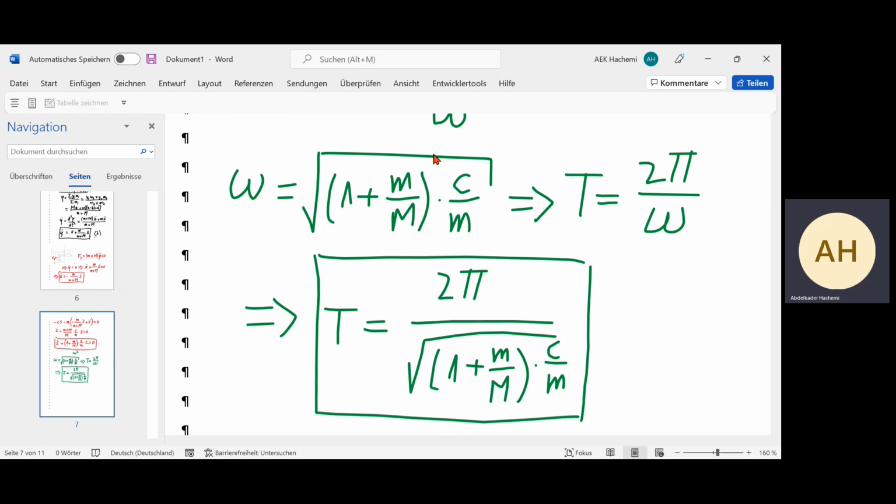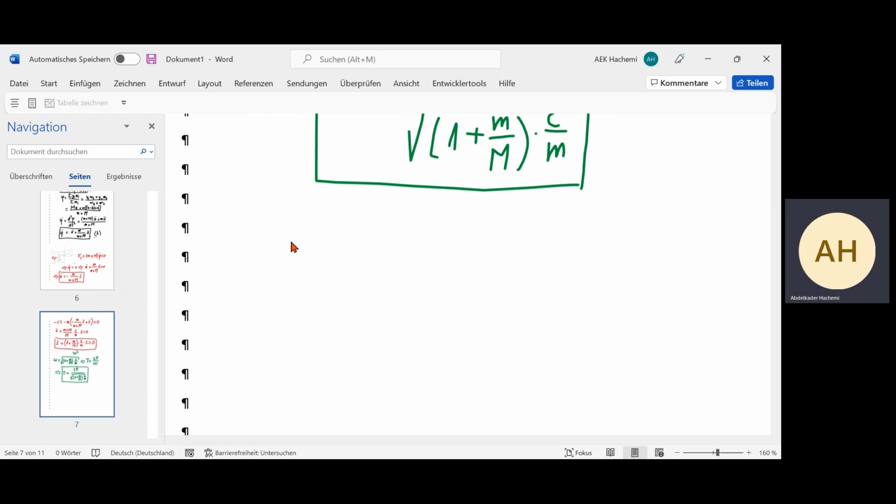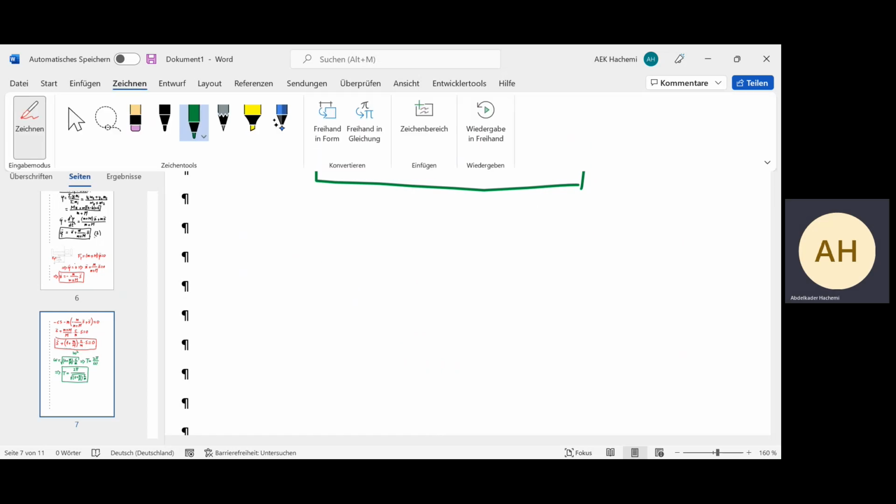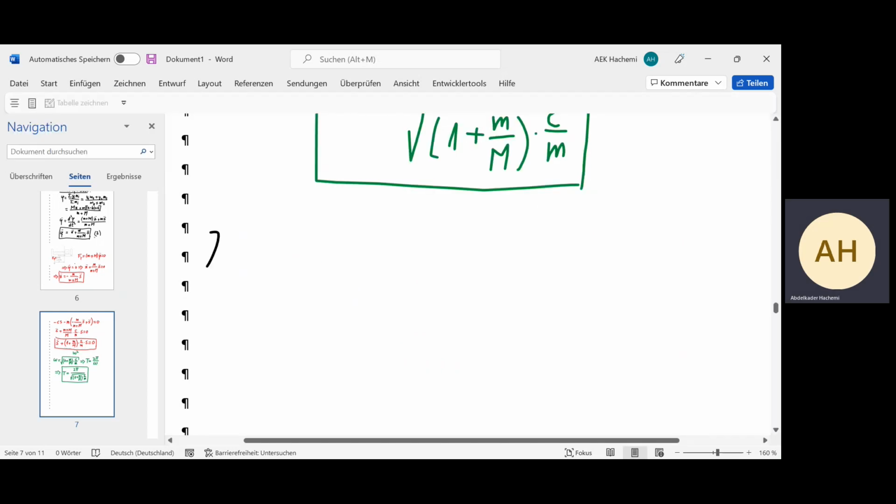Okay, now if we take here the second case, which is asked first to find this period of oscillation T, with D'Alembert.